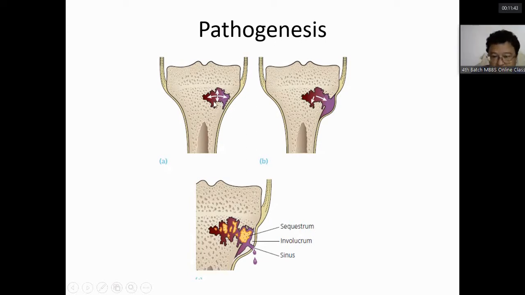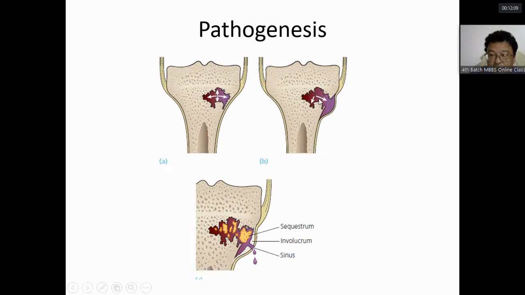Now the fate of the pus, how it goes. The pus can break through this cortex and percolate down the periosteum, and that is known as a subperiosteal abscess. The periosteum in children is quite loose and thick, so it percolates down. The other is that it can go directly to the medullary cavity.